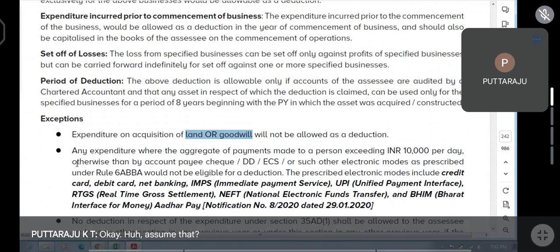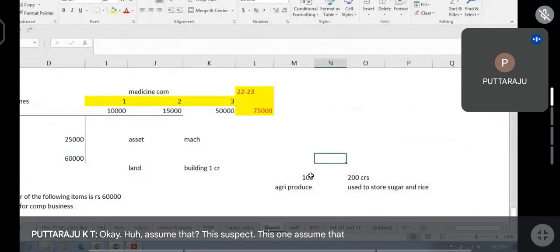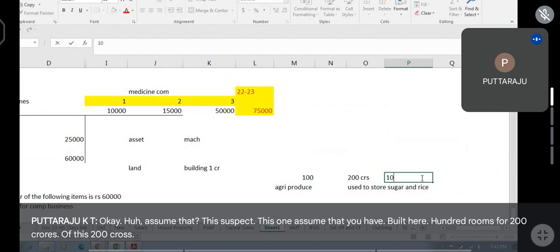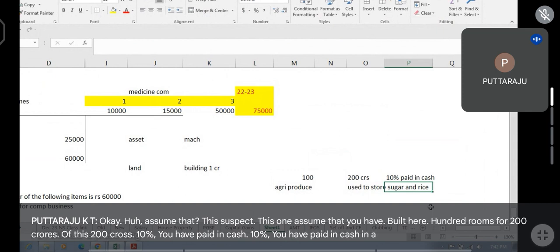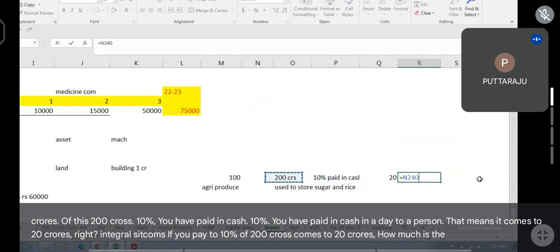Assume that you have built 100 rooms for 200 crores. Of this 200 crores, 10% you have paid in cash in a day to a person. That means it comes to 20 crores, right? How much is the balance? 200 minus 20, 180.